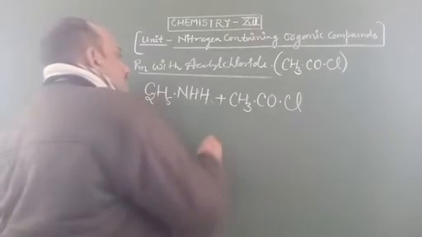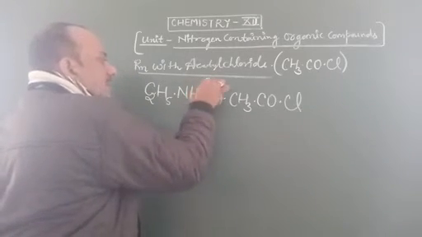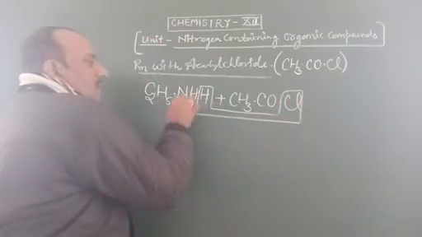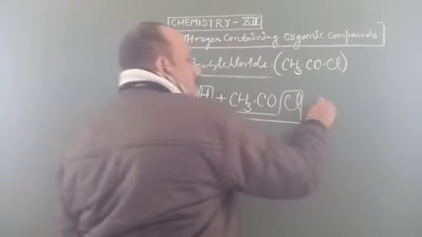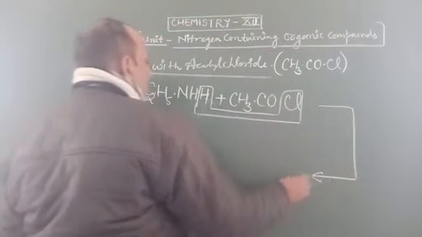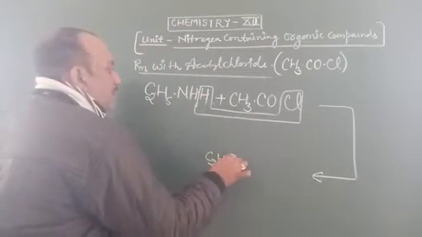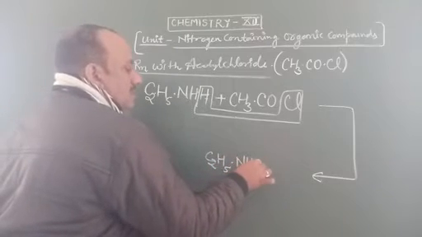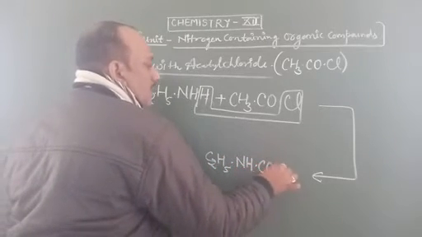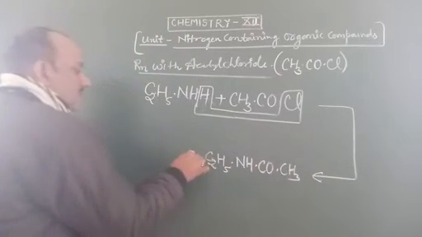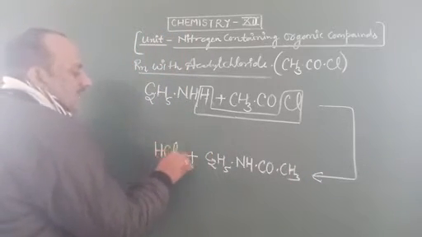Then a single hydrogen atom is subtracted with this chlorine atom to form HCl. Then the product is C2H5NHCOCH3 with subtraction of HCl.